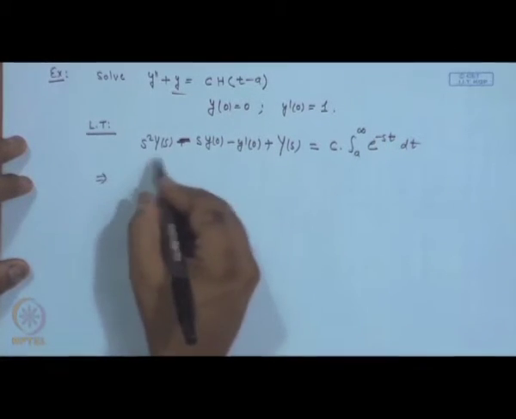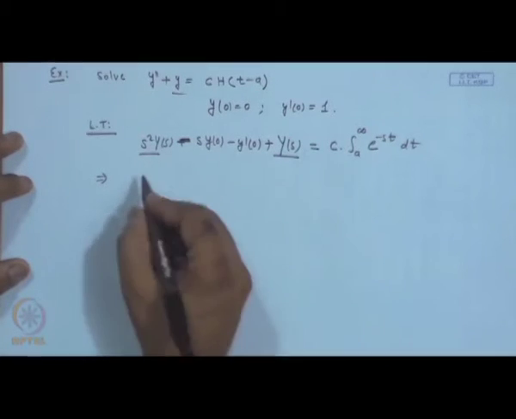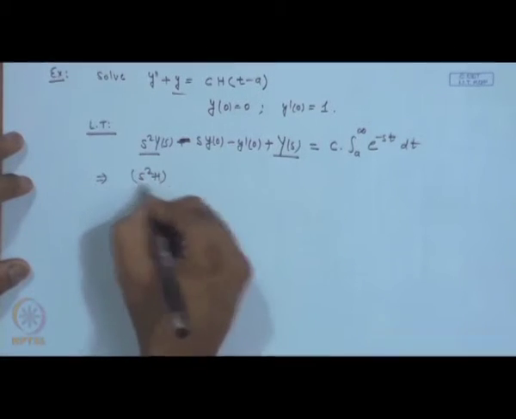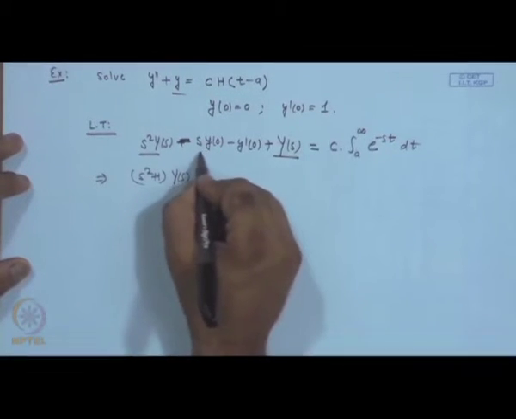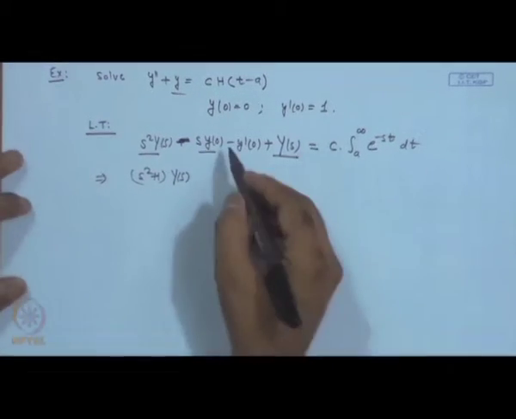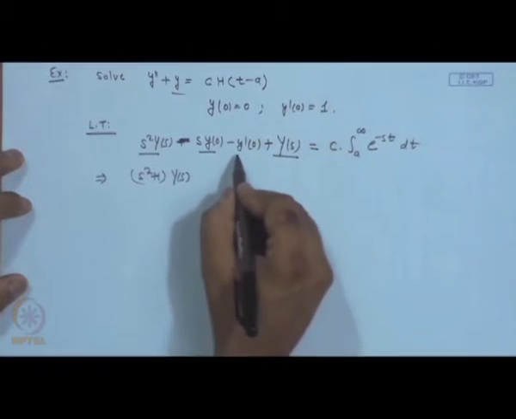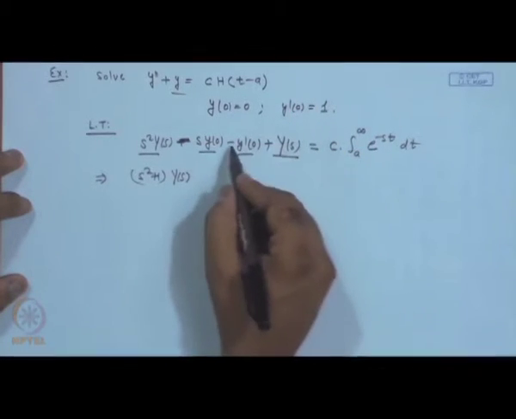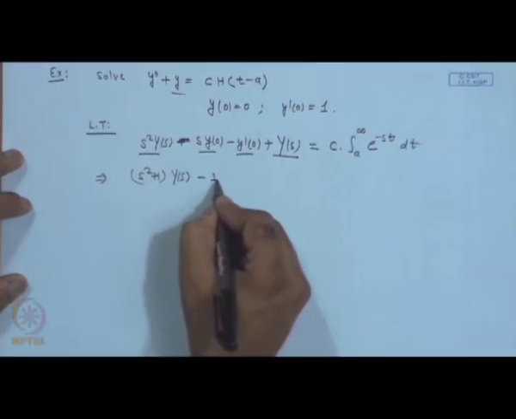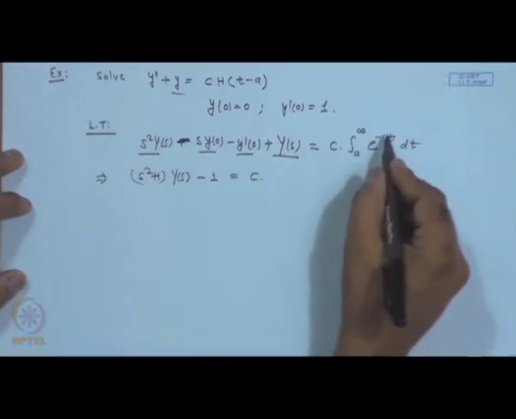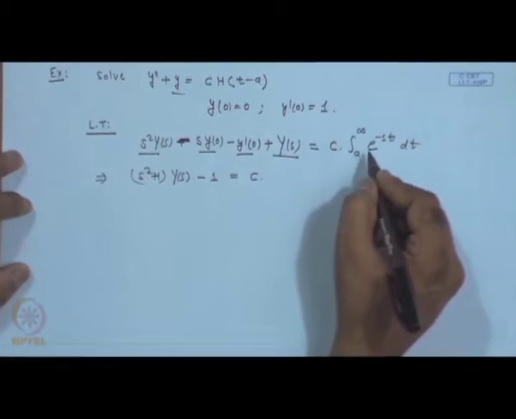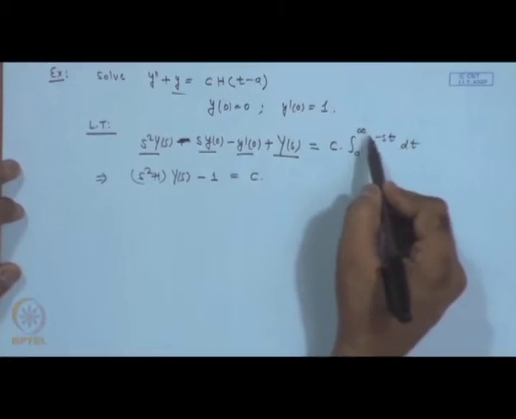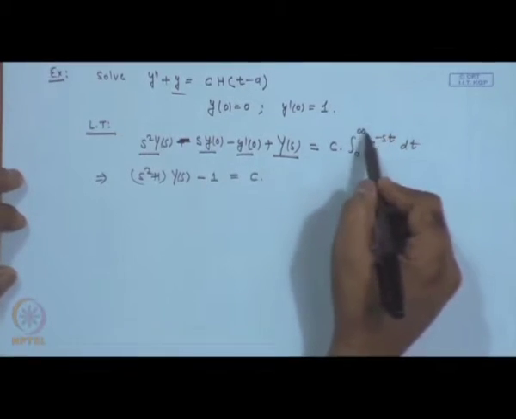So, what we have here is s square plus 1 times Y(s), and y(0) is 0, so this term is gone, and y prime 0 is 1, so we have minus 1 here, equal to c times the integral. Now if we integrate e power minus s t over minus s, as t approaches infinity for positive s this will be 0.